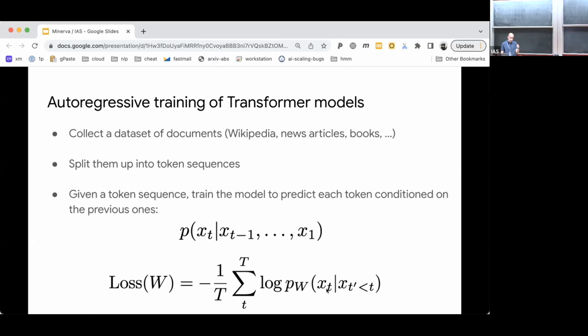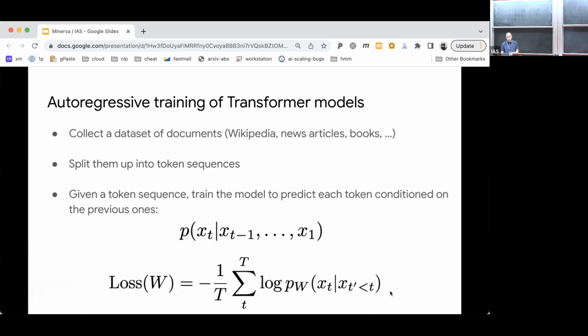So we know what token actually came next in the document, and that's our target. That's the probability that we ask the model to evaluate. Then we compute the empirical cross entropy, averaged over all the tokens in the document, and that's going to be our loss.